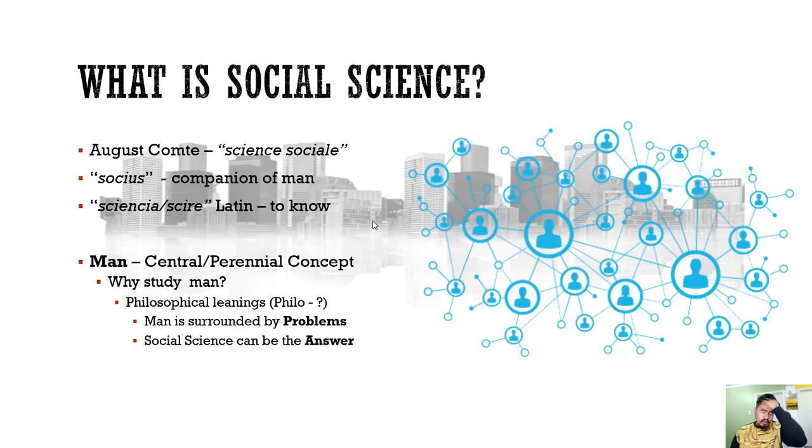Now, there are two things. First is towards a philosophical leaning. So it has a bit of philosophy, no? Looking into the nature of man from a philosophical point of view, man is always surrounded by problems. Talking about problems, he always has a question mark in his head. He is quite skeptical. By nature, man is skeptical. Why is this happening? What is this?